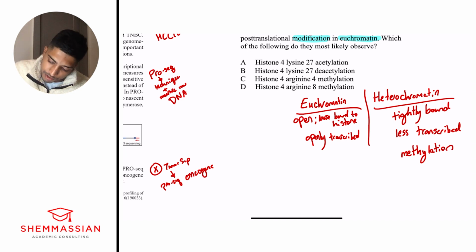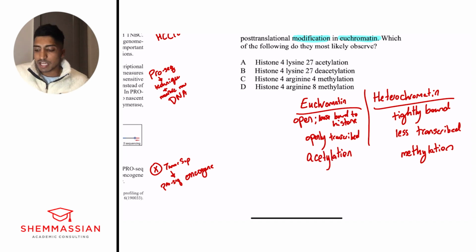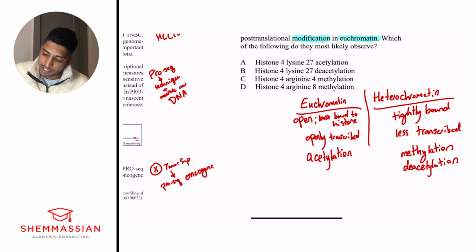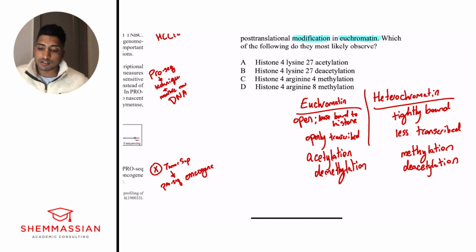Acetylation is associated with euchromatin, so it loosens it up, okay? And by that vice versa logic, deacetylation would be associated with heterochromatin, and demethylation with euchromatin. So these are important post-translational modifications that are very, very important.